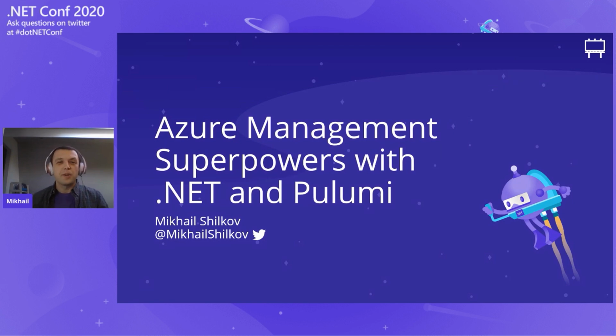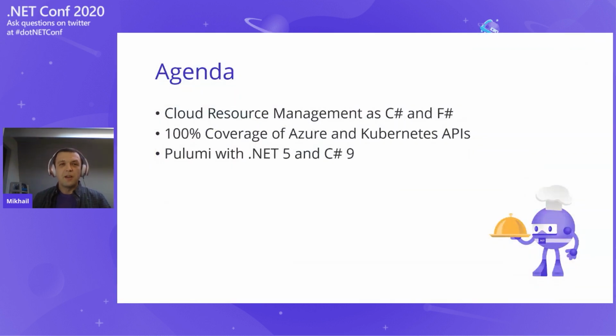I'm a software developer working on a tool called Pulumi, which allows you exactly this: deploy Azure resources with .NET. So three cool things that I want to emphasize today with Pulumi. One, you can reuse all the skills, tools and habits from your .NET application development world in this new environment of deploying cloud resources.